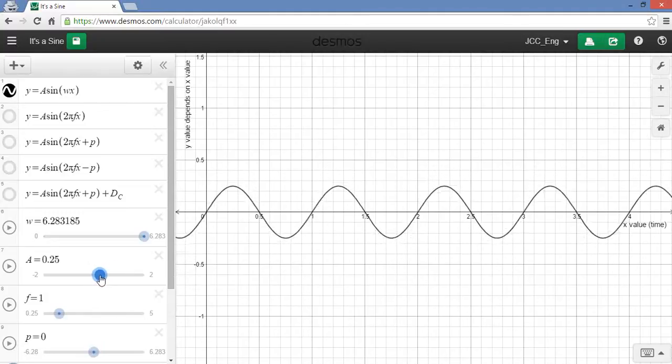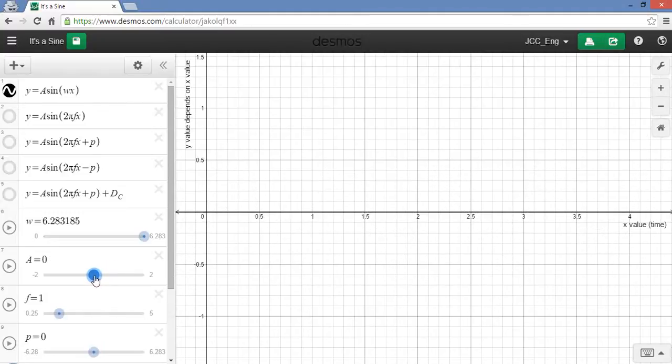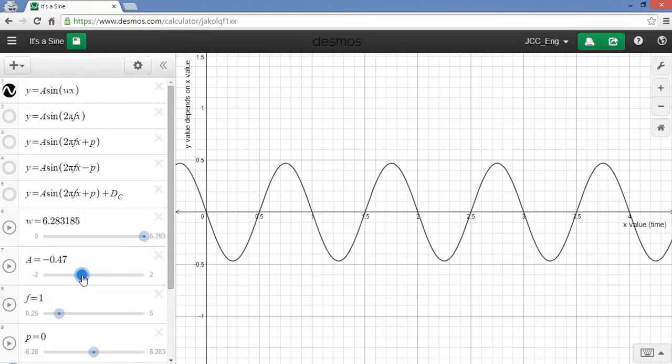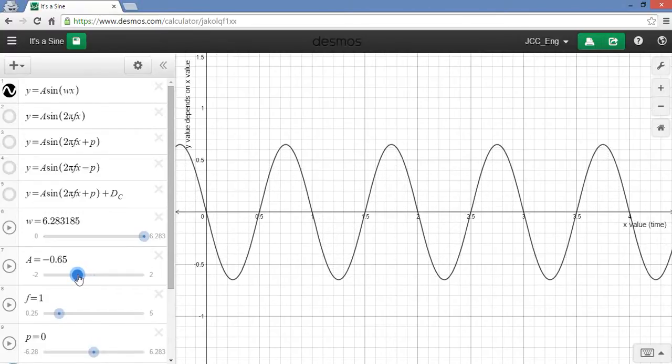And if we make the amplitude 0, then 0 times something is 0. So if A is 0, A sine something is 0 anyway, regardless of any other variable. Then if we bring A negative, we've still got a sine wave, but it's upside down, if you like.